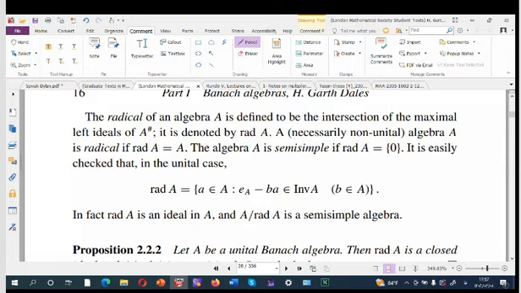The radical of A is an ideal. Okay? The radical of A is an ideal.